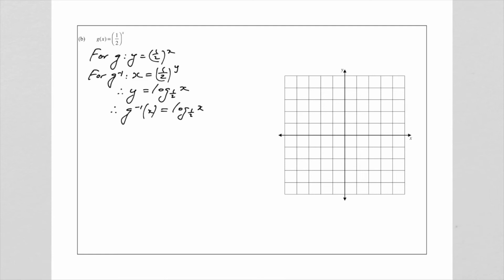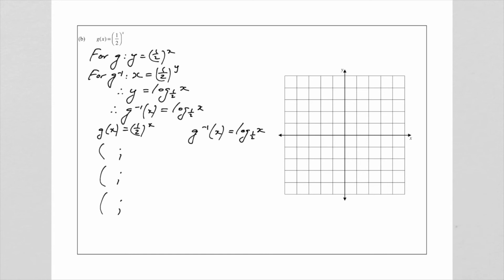So now we're going to do the same as what we did in A. We're going to look at each one of the functions. So let's start off with g(x), which is 1/2 to the x. And then we're also going to look at the inverse, which is the log of x base 1/2. And we're going to find 3 points.